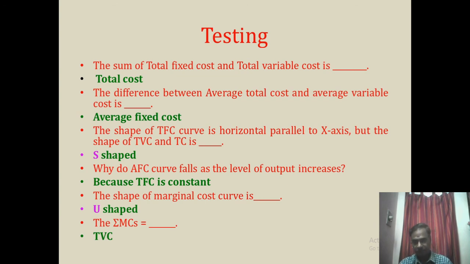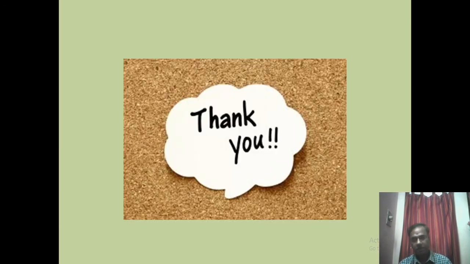So, in this chapter, we discussed cost. Cost is the sum of implicit cost and explicit costs. Explicit cost is the expenditure or the payment made to buy or hire the factor inputs from outside.